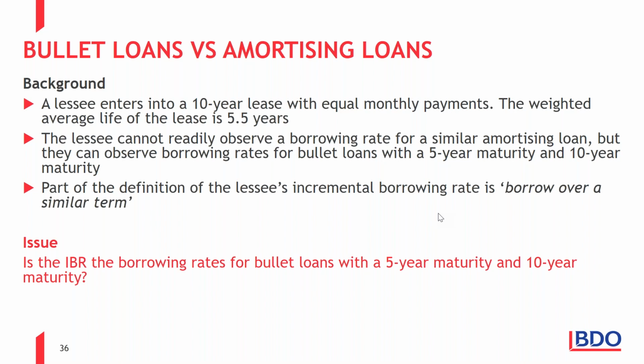My view is that the 5-year maturity would better mimic the payment profile of the lease, because as said here on the page, the average life of the lease is 5.5 years. What that means is that the duration of the cash flows of the lease is 5.5 years. And if you then use a 5-year government bond with a single bullet payment at the end, the duration of those cash flows would also be 5 years.